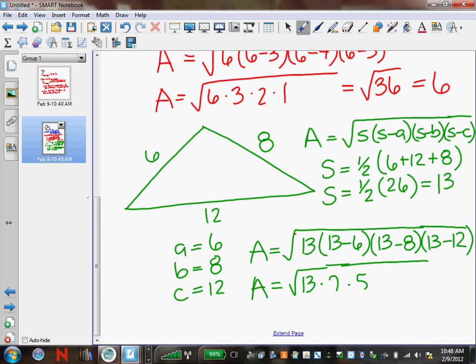Times 5 times 1. And we want to take the square root of that number. So we have to figure out what 13 times 7 times 5 is, and you get 455. Now, if I just take the square root of that value, I will get approximately 21.331 to be the area of my triangle.